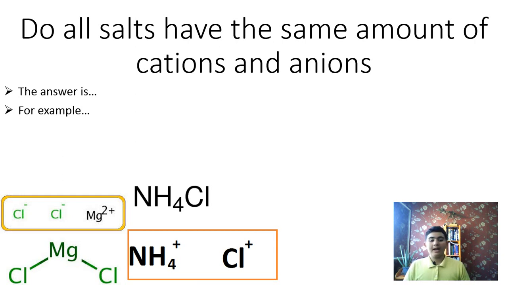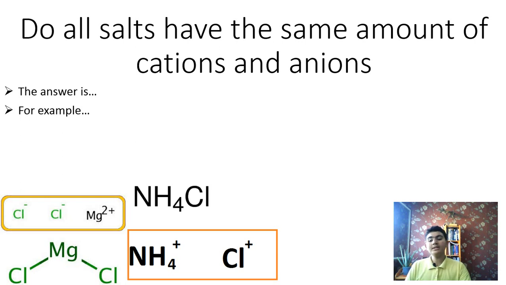It has a +1 charge, and as we know, chlorine has a -1 charge. So in conclusion, only one ammonium binds to one chloride, and so we have one cation and one anion.